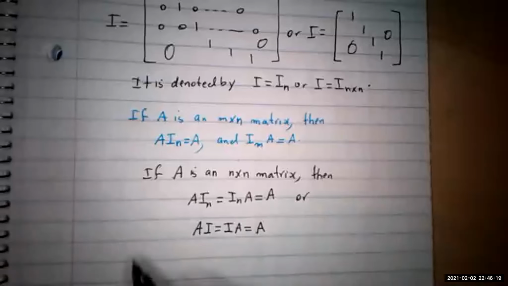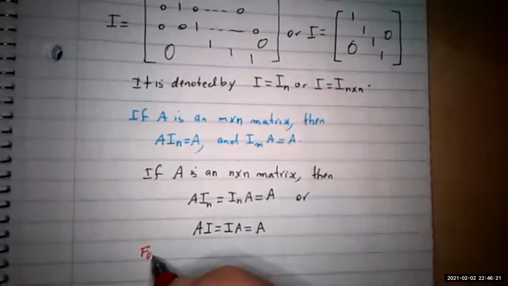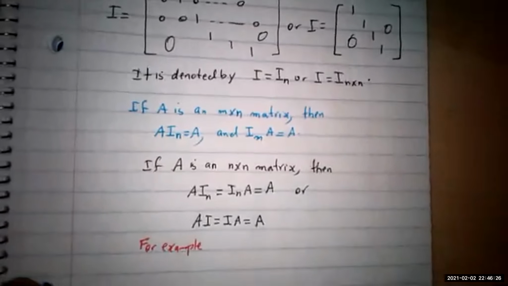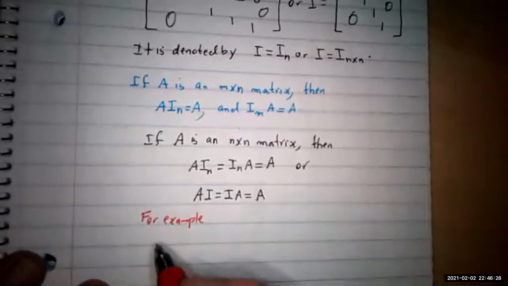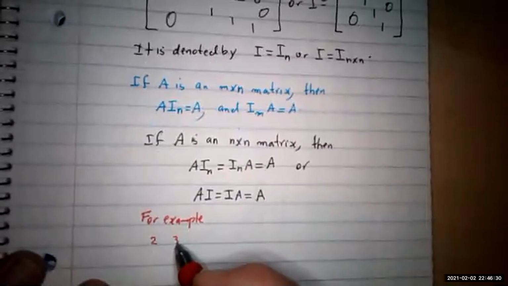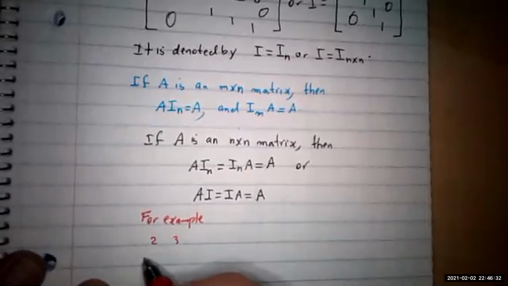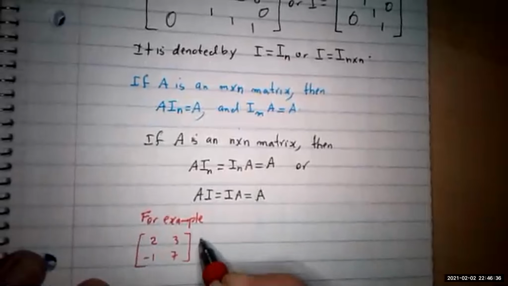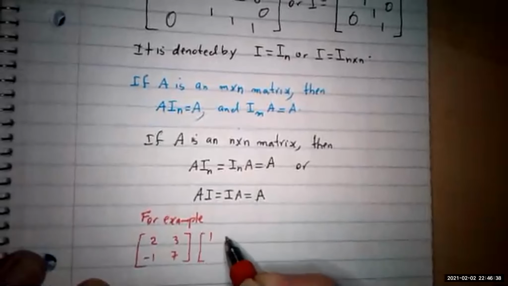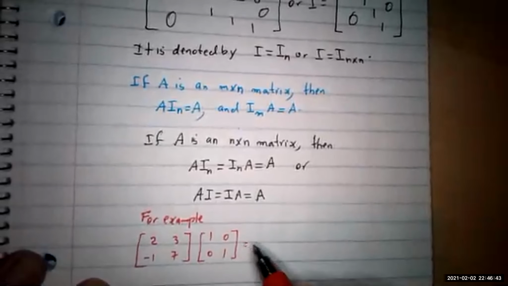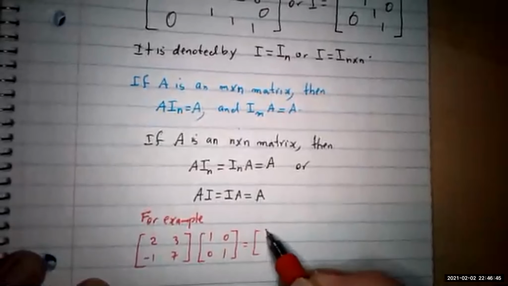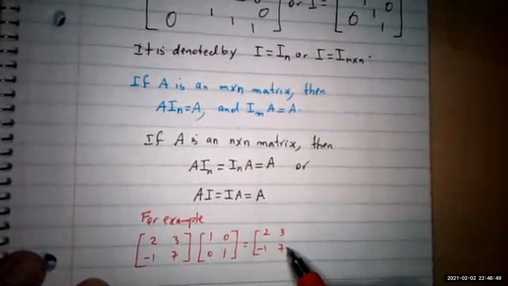So for example, it can be easily seen that if you have the matrix 2, 3; negative 1, 7, and you multiply by the 2 by 2 identity matrix 1, 0; 0, 1, that gives you 2, 3; negative 1, 7.